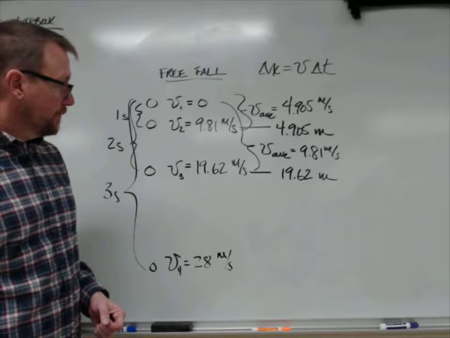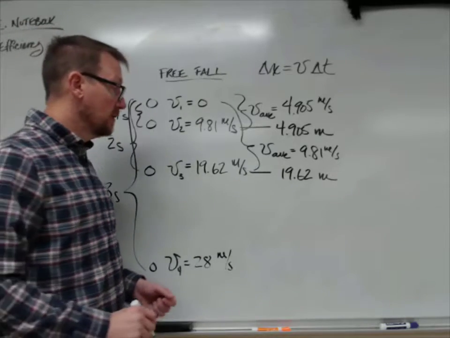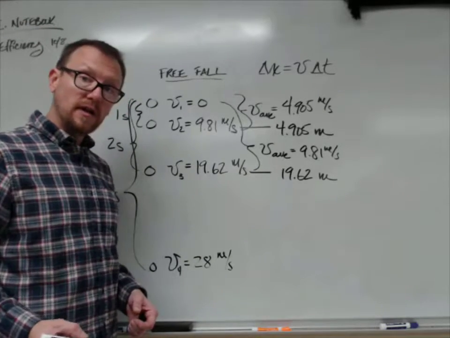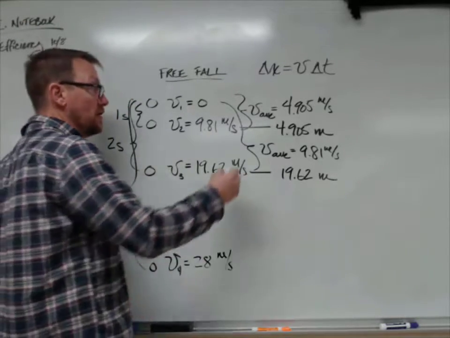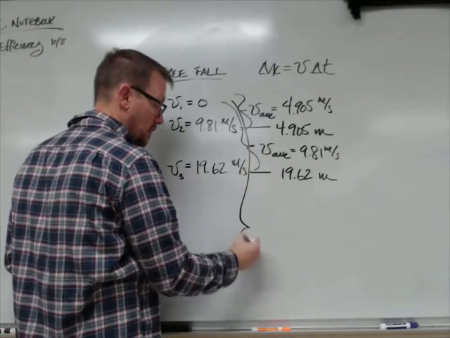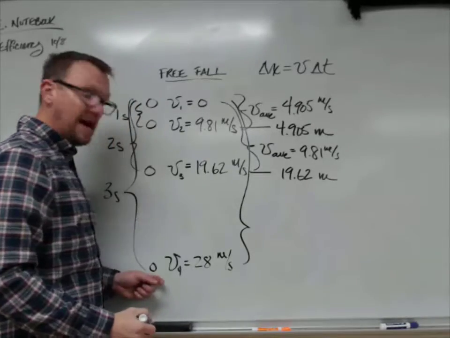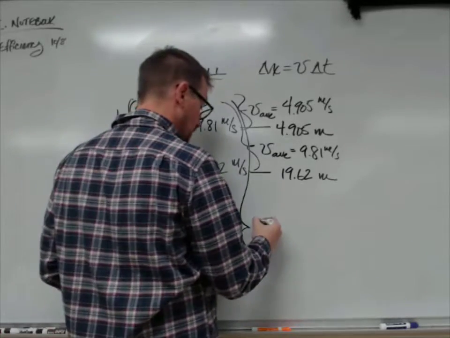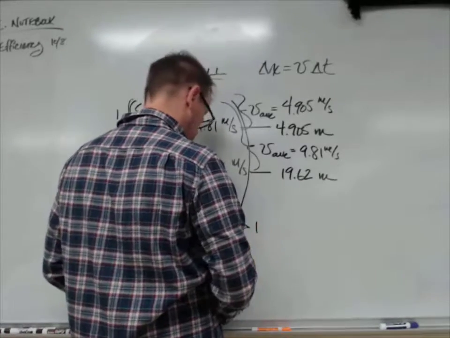And so the question then is, how far did it travel at that time? So if I go all the way from here, 0, down to here, on average it was traveling about 14 meters per second.